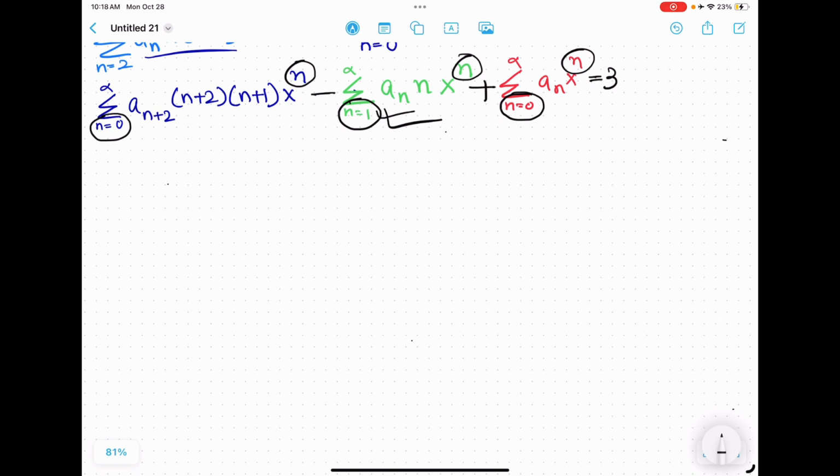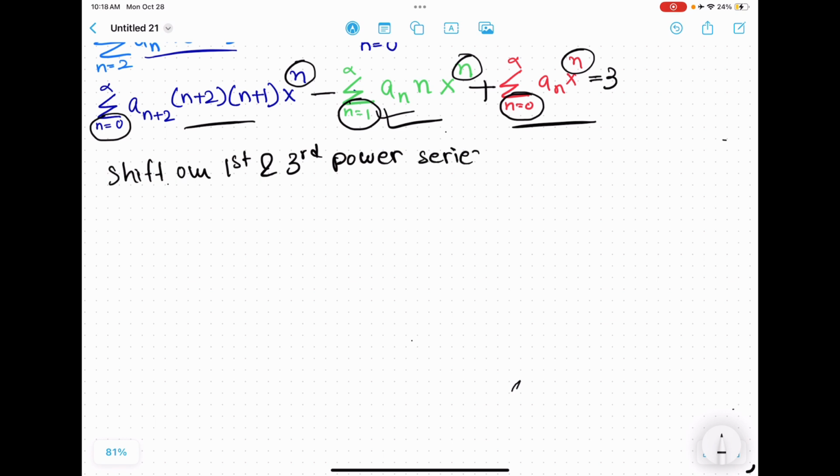This one right here is the only one that starts from 1, and the first and the third start from 0. So clearly the second one is the largest, which means we have to shift our first and third power series, since they are the smaller ones.